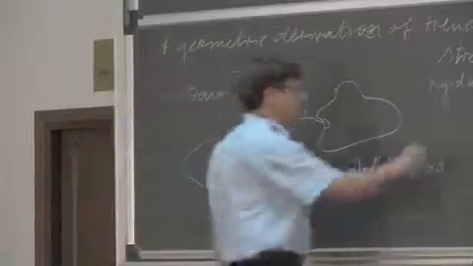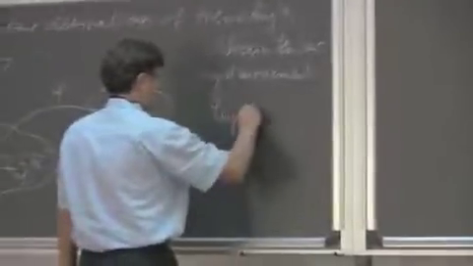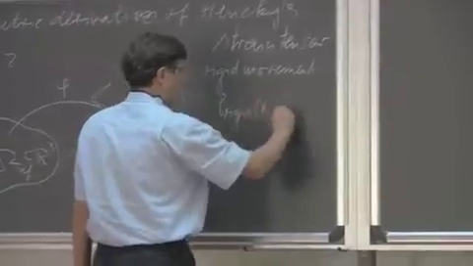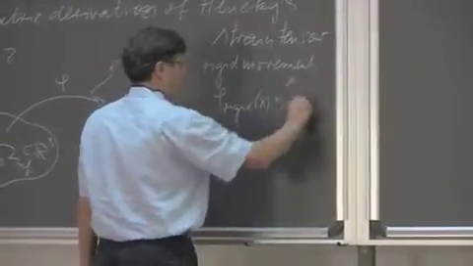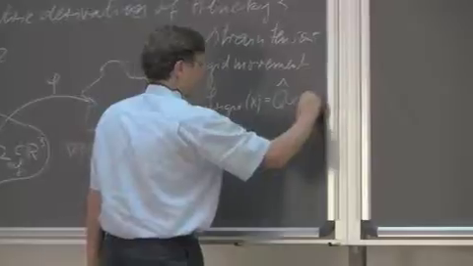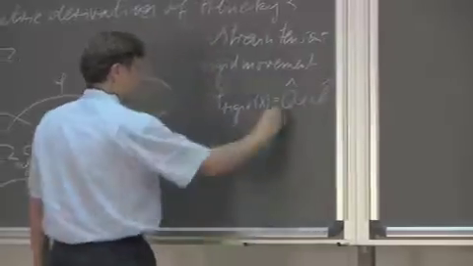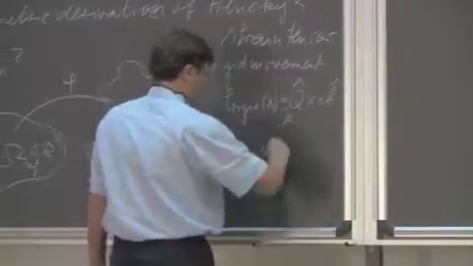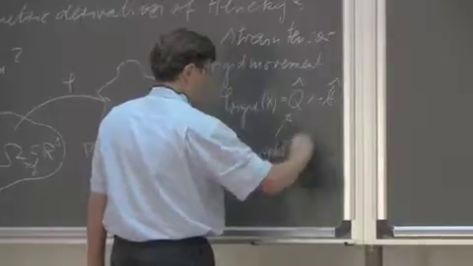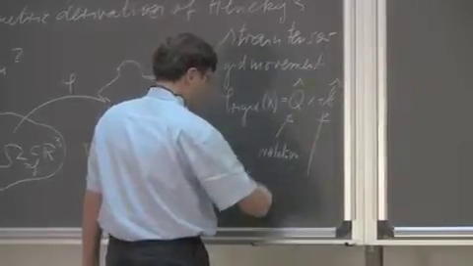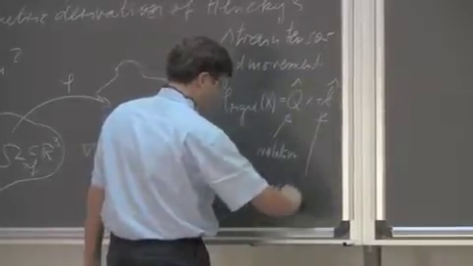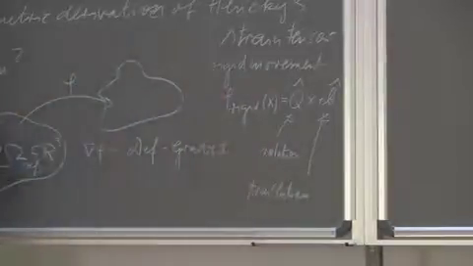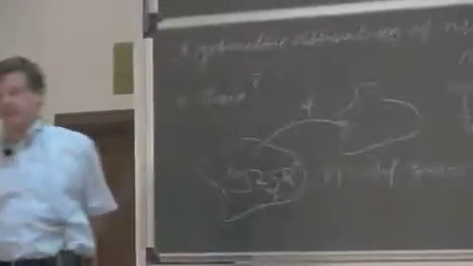So a rigid movement is characterized by phi rigid of x equals a rotation applied to x plus a translation, where small x is a point in the reference configuration.